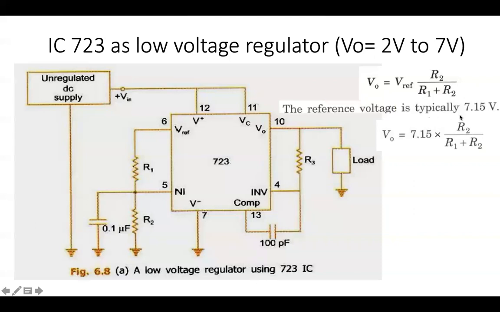The reference voltage is typically about 7.15. Of course, we say 7 volts, but it's about 7.15. If we put those values here, the output voltage V naught is equal to 7.15 into R2 divided by R1 plus R2. So based on the question, you can decide how your answer is going to be.